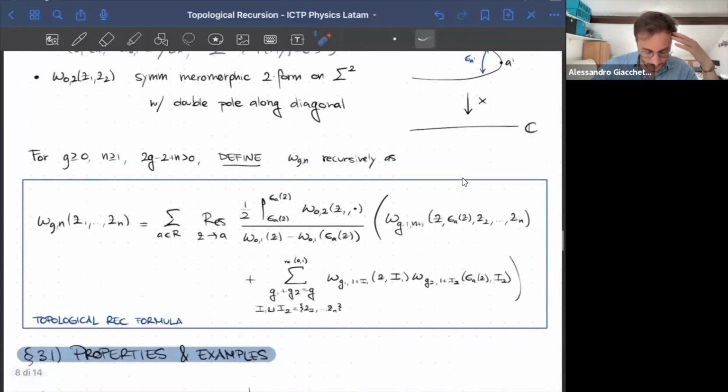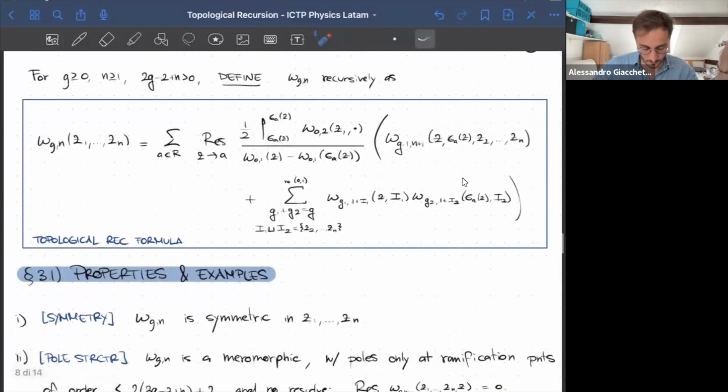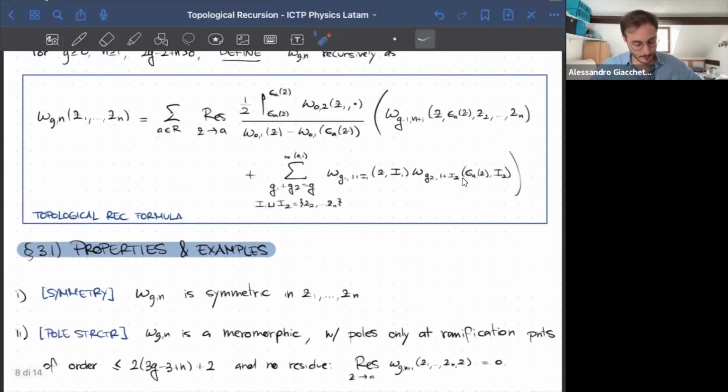Okay, and so before giving you some more examples, let me mention a couple of properties. So first of all, these omega g,n are symmetric in z1 up to zn, and this is really not automatic from this formula, because as you can see, z2 up to zn actually play a symmetric role in this formula.